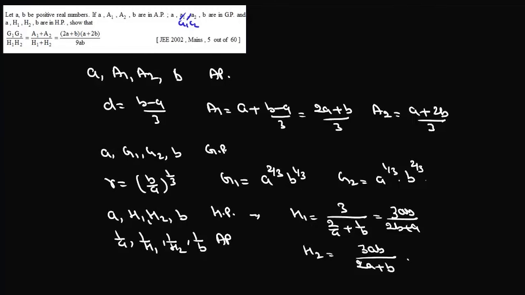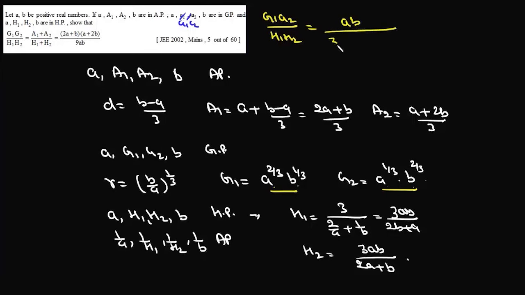Now this first part is G1G2 upon H1H2. So we multiply them, we can write G1G2 upon H1H2. Now G1G2 is the product of these two terms. A to the power 2 by 3 into A to the power 1 by 3 is A, and B to the power 1 by 3 and B to the power 2 by 3 is B. So it will be simply AB upon H1H2.